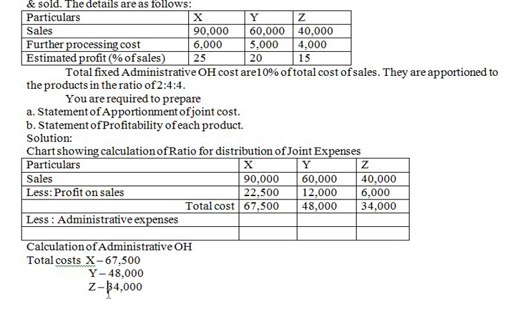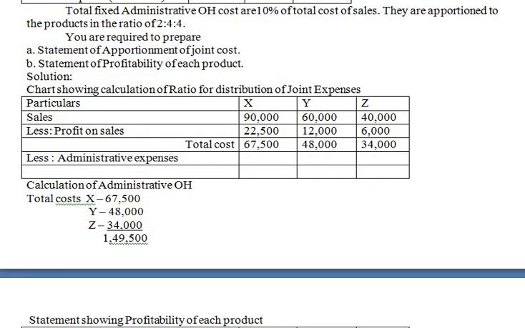Now what we will do is we will add this. So total is 1,49,500. Total is 1,49,500. So what they have told, it is 10% of this, right?